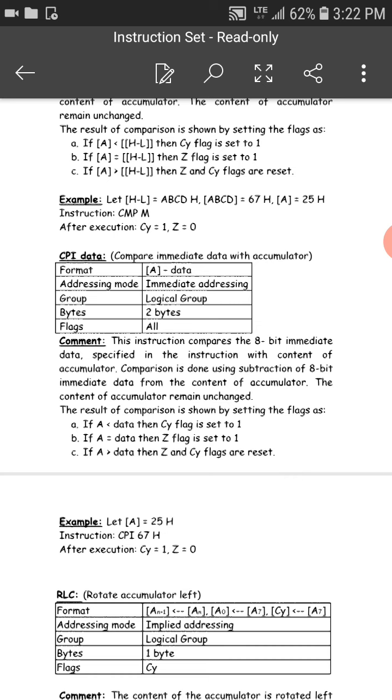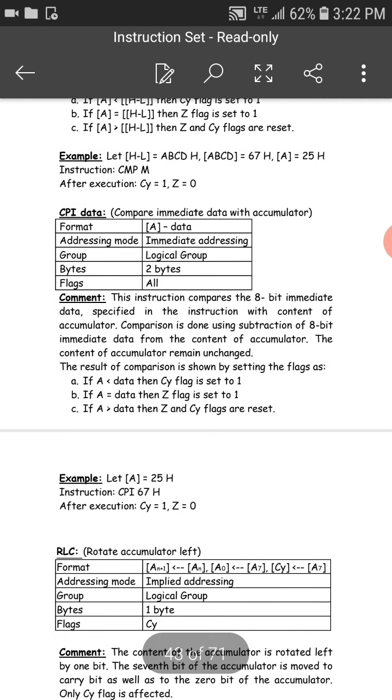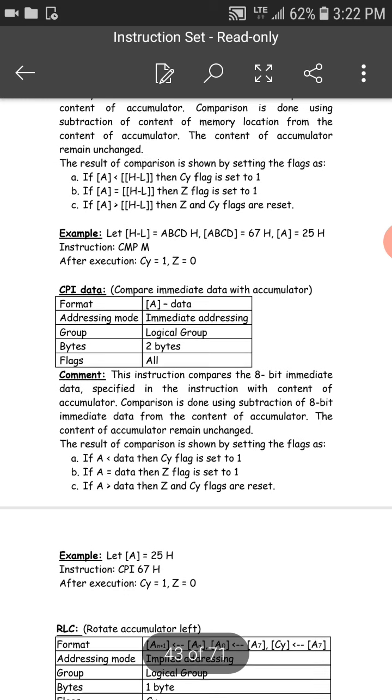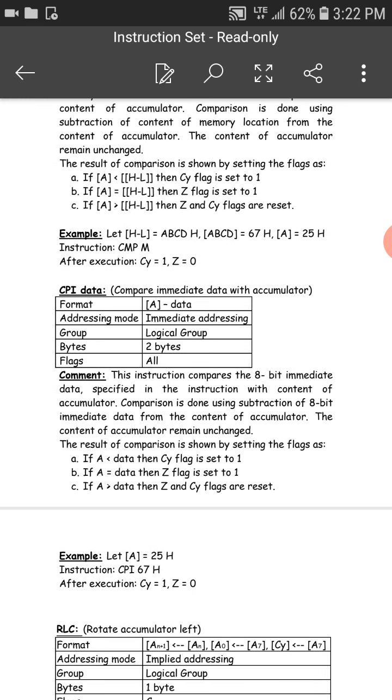So let's see the example. If your accumulator content is 25H and your data is 67H, then after executing this instruction, your accumulator content is less than HL, then your carry flag is set. Yes, see here, compare.